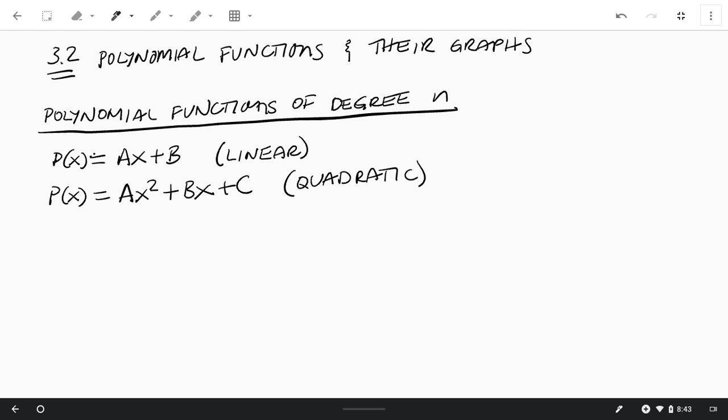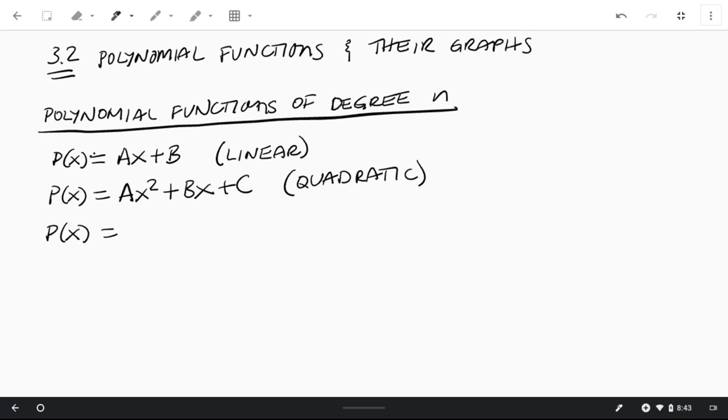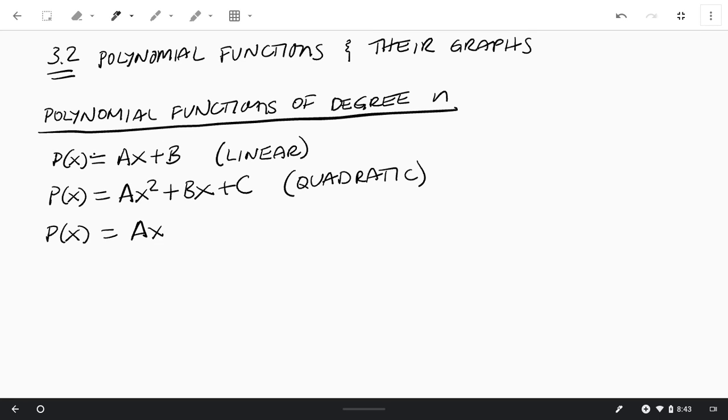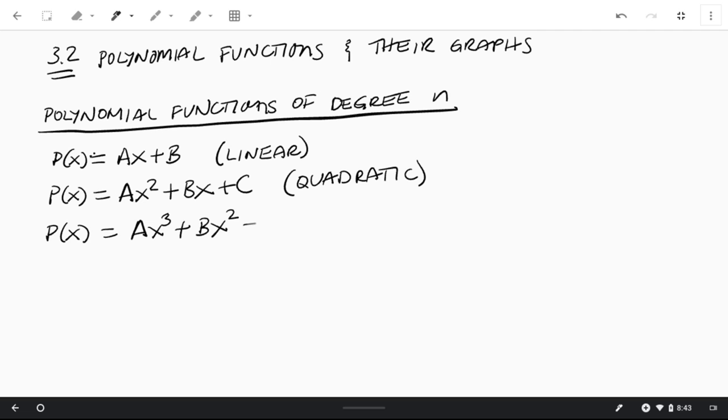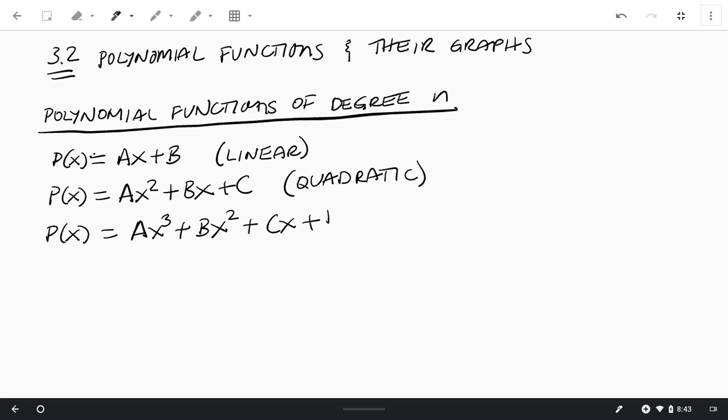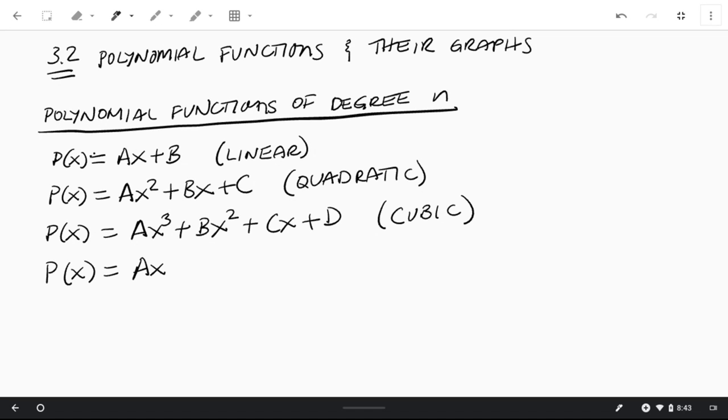So what we're going to be doing here in 3.2 is looking at higher degrees, not just degree 2, but degree 3. So that would look like this, degree 3. And the degree 3 is called a cubic polynomial. And we will also look at degree 4, so ax to the 4th.